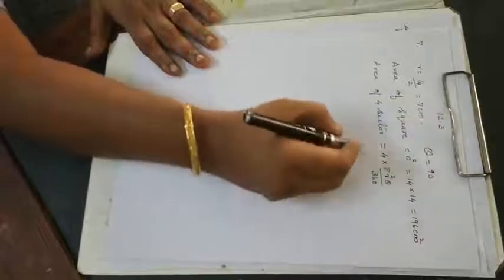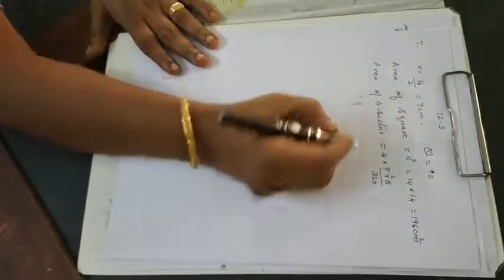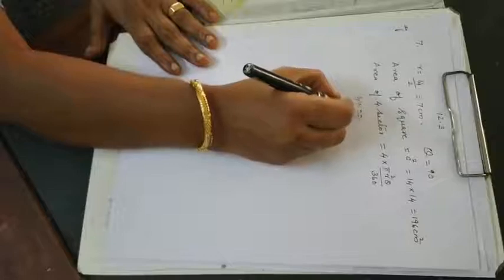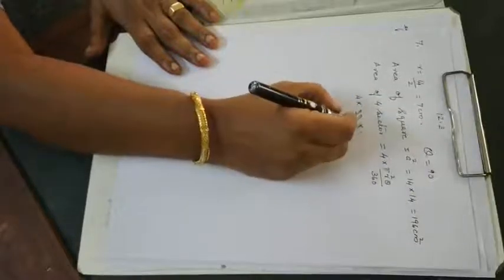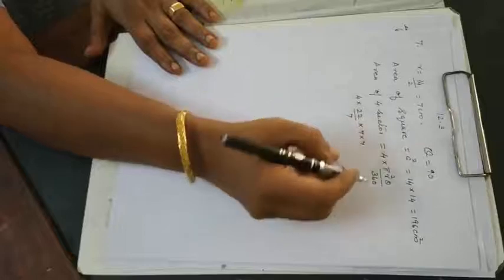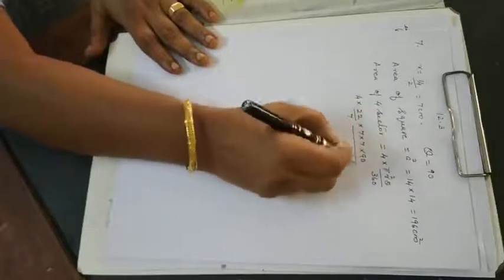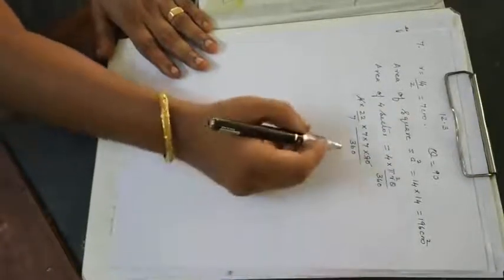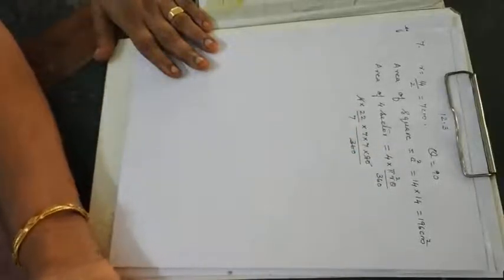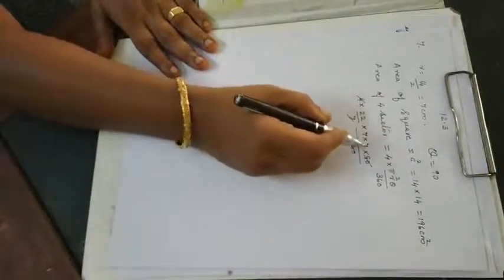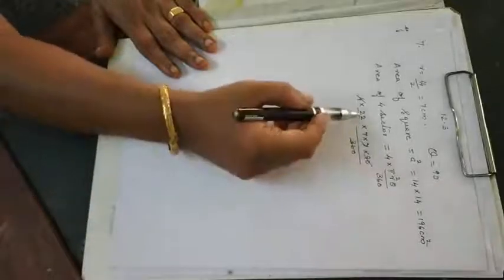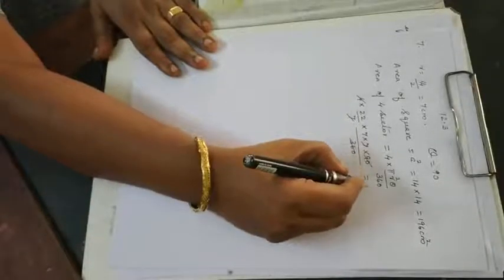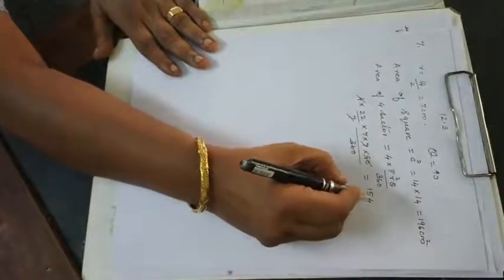Now get that answer. 4 into pi value 22 by 7, r square that is 7 into 7, into theta 90 by 360. Now 90 into 4 is 360, that you can cancel. 7 also you can cancel there. 22 into 7 is 154 centimeter square.